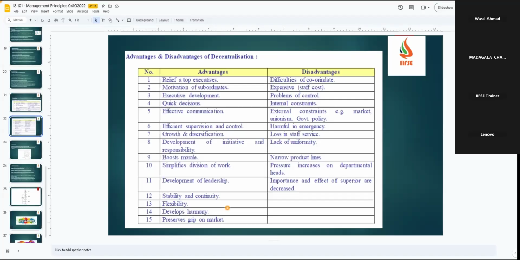And development of harmony, it is nothing but culture and a perceived grip on the market. When you say a perceived grip on the market, it means the subordinates have a positive mindset in the organization, so they automatically work properly.